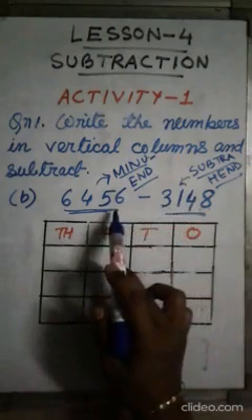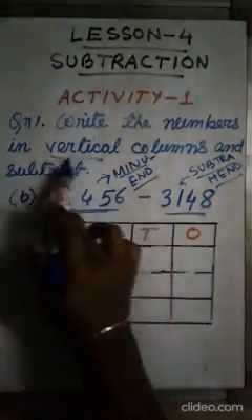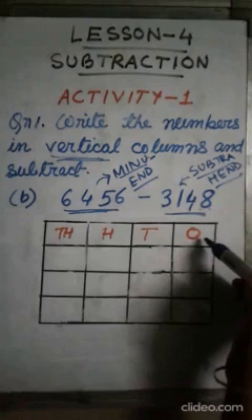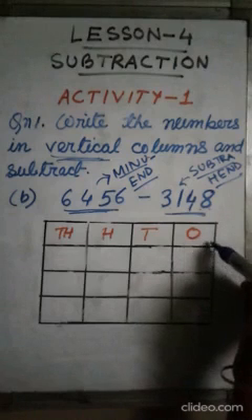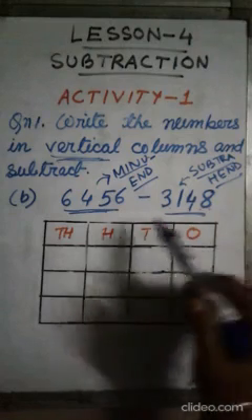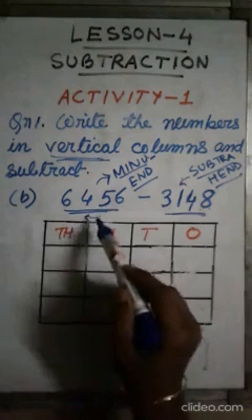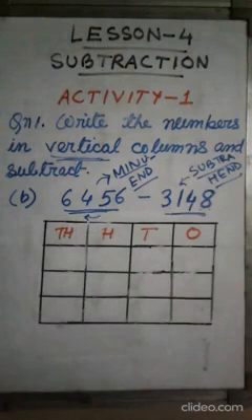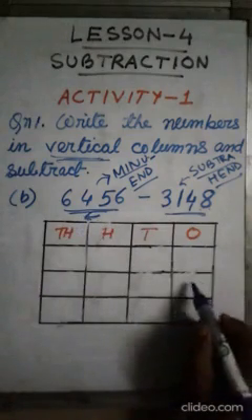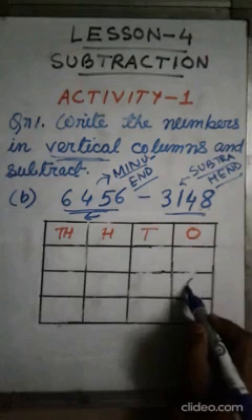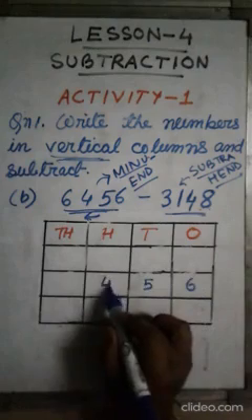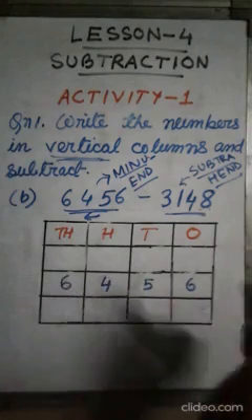For subtraction and writing in vertical column, what we have to do? We have to draw a place value chart. I have drawn it already, and put the numbers in the place value chart. This number here, 6, 5, 4, 6.